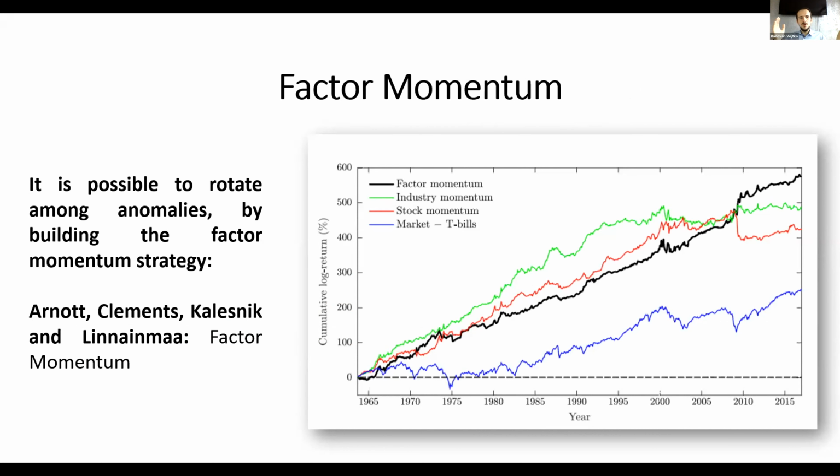As an inspiration, I highlight the paper written by Arnott, Clements and Kalesnik, called Factor Momentum, which takes the published anomalies, picks the best performers and invests only in the best one.